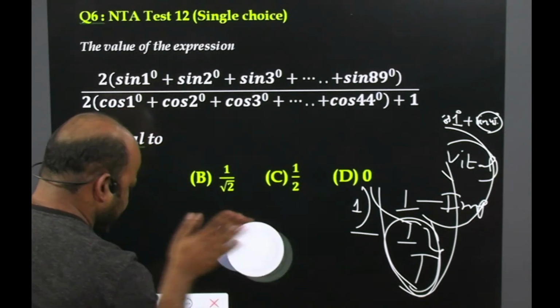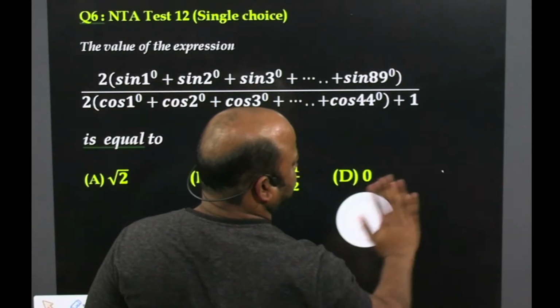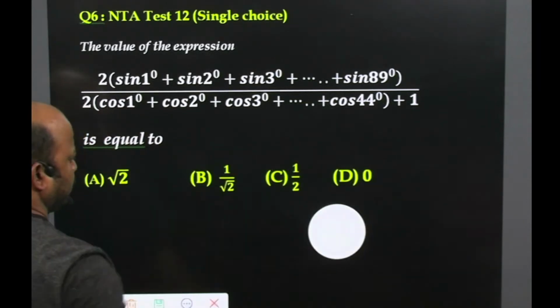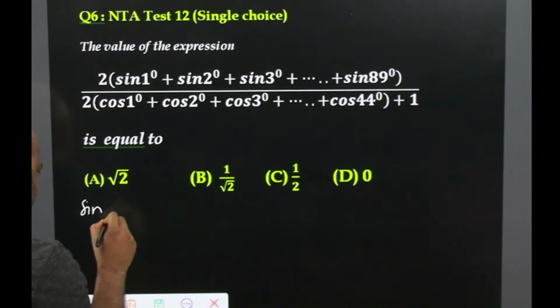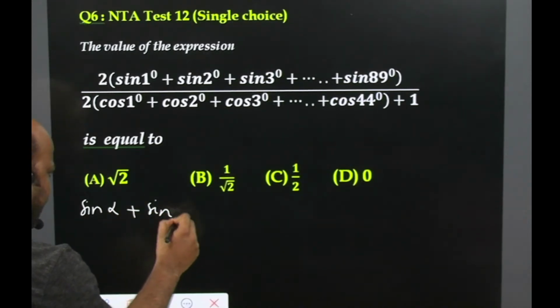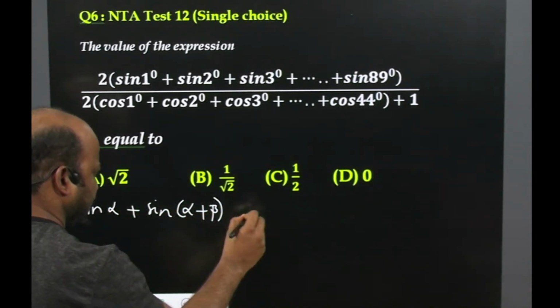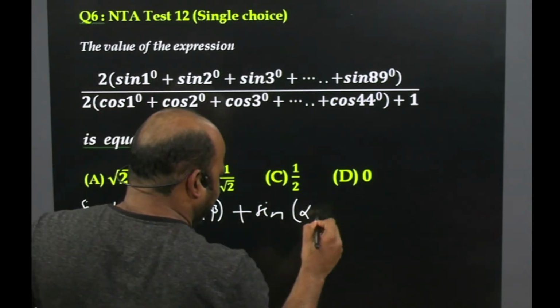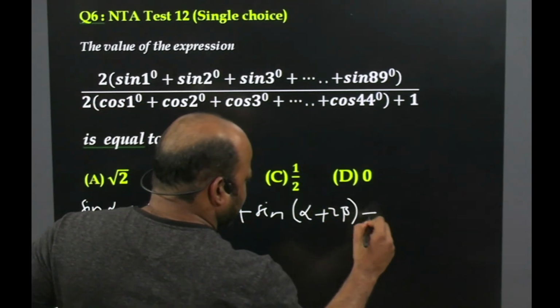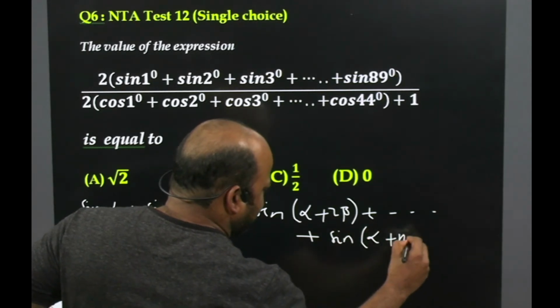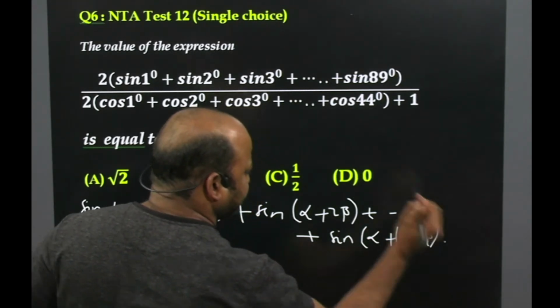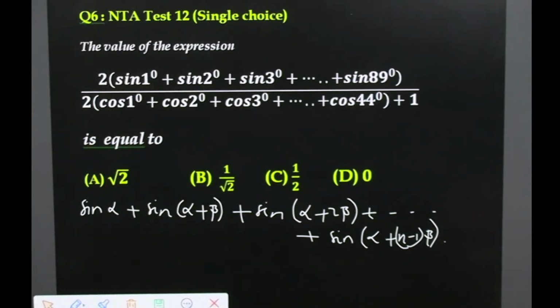The formula is, write down: sin alpha plus sin of alpha plus beta, sin alpha plus 2 beta, and so on, sin of alpha plus n minus 1 beta. All the angles are in AP.